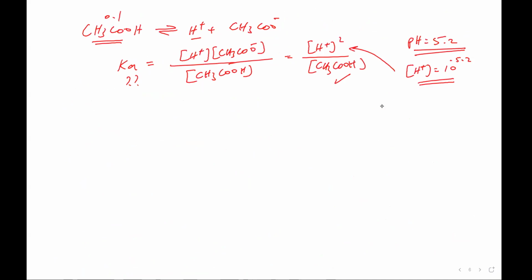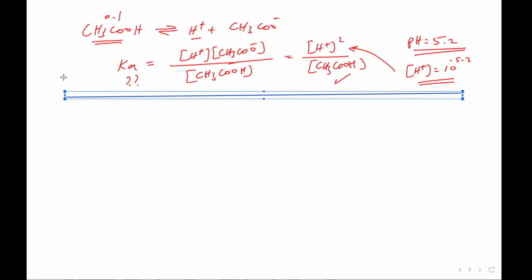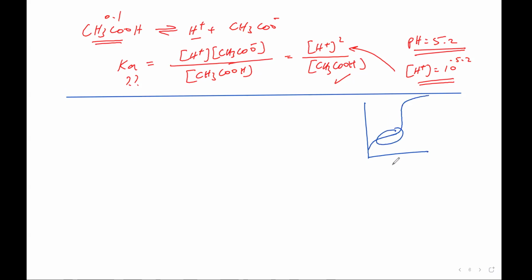But what happens at half the equivalence point? We said that in the titration curve of a weak acid with a strong base, we have something like this, and this part is called the buffer region. In the buffer region there is a slight change in pH, because as we add small amounts of hydroxide ions to the weak acid, the pH does not change significantly.